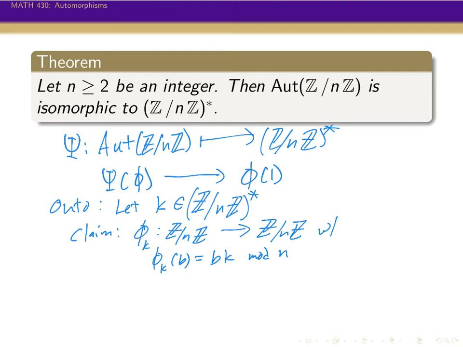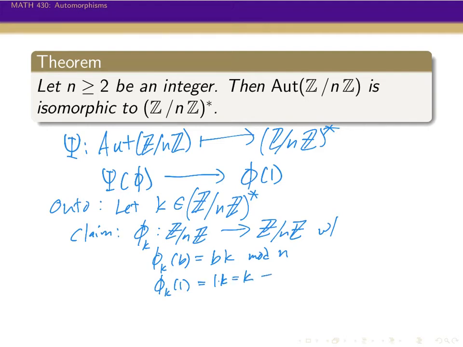Okay. So in particular, to show that it's onto, all I need to show is that it will generate all of Z mod nZ, but that's simple enough. In particular, phi sub k of 1 is equal to 1 times k, which is equal to k.